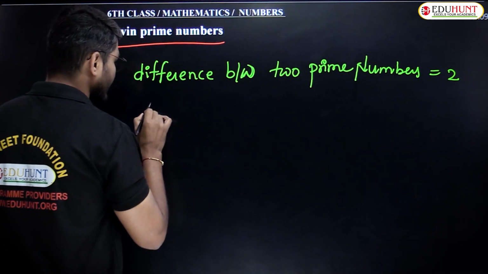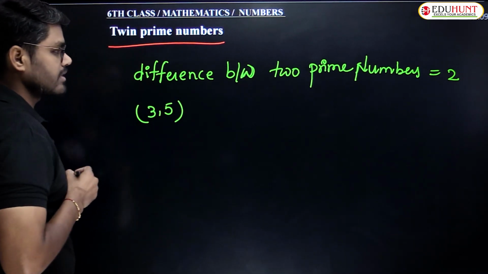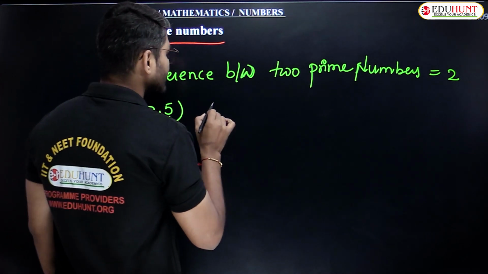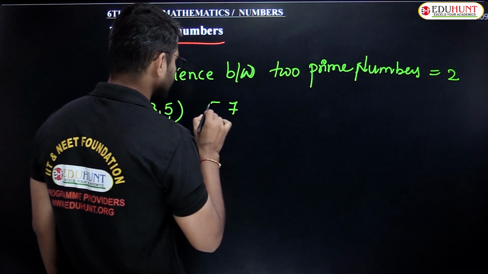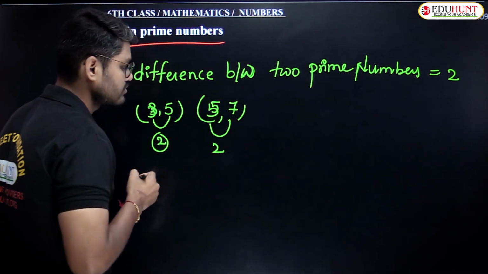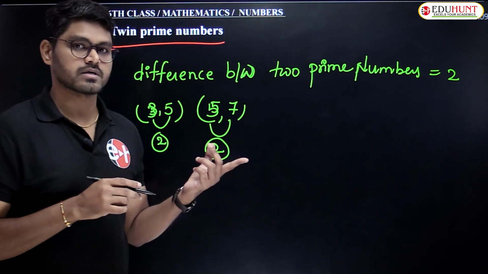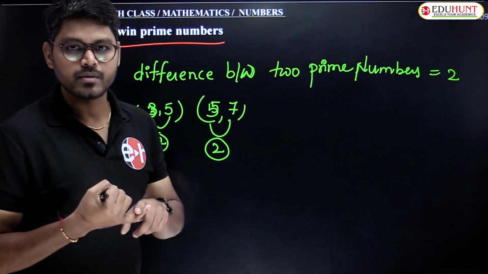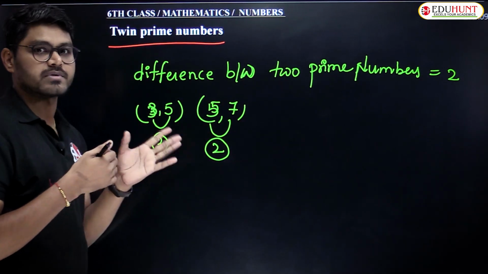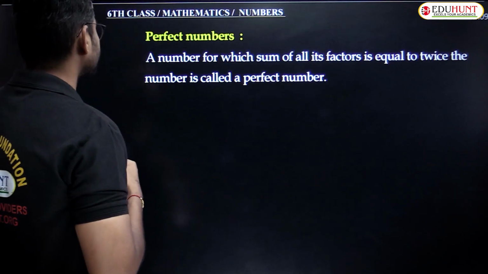For example, if I take 3, 5, these are twin prime numbers because the difference is 2. And 5, 7, these are twin prime numbers because the difference is 2. Did you understand what are co-prime numbers and what are twin prime numbers? There is a difference between twin prime numbers and co-prime numbers, so we have to understand. Let's move on to the next one.